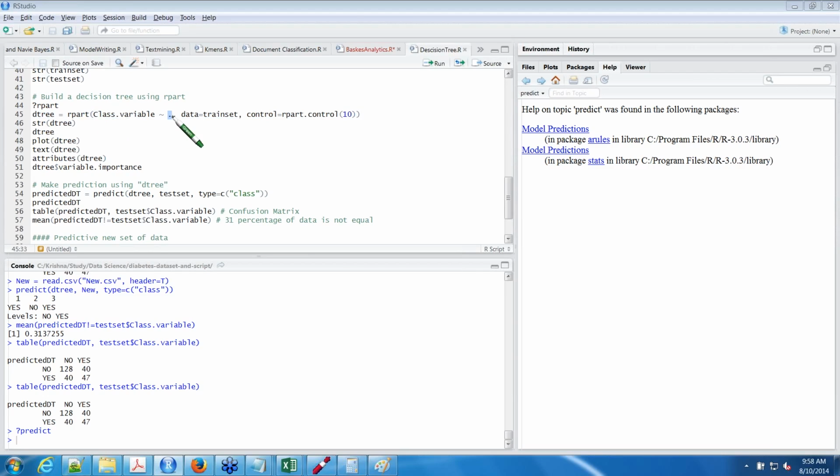The tilde dot will represent all the columns except the dependent variable. Fine, Madhu.